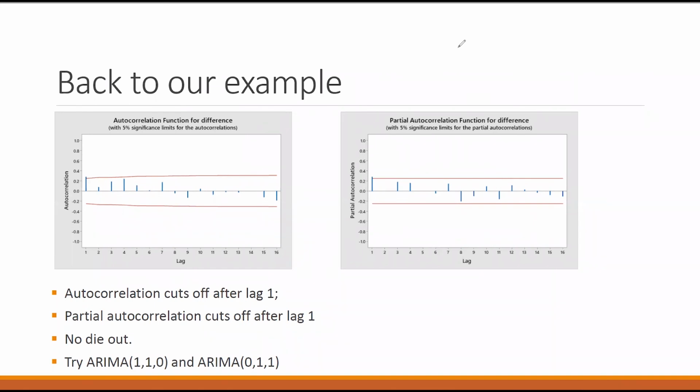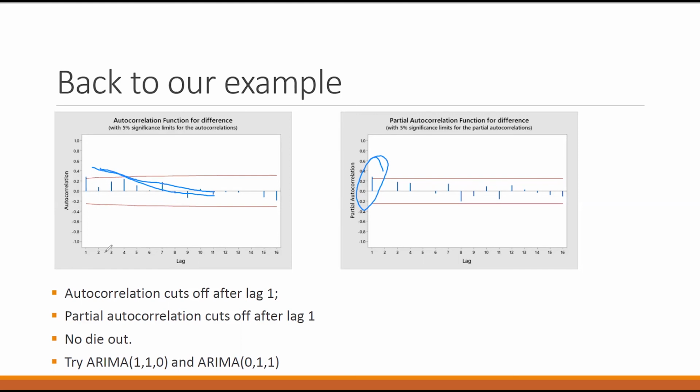It could be both. I could argue that autocorrelation is dying off because I do see these bars gradually decreasing. On the other hand, I could say partial autocorrelation is cutting off at lag 1 because there's no autocorrelation for lag 2. Then we have autocorrelation for lag 3.